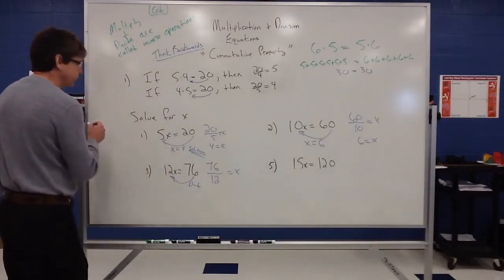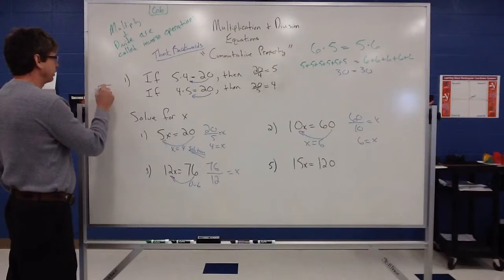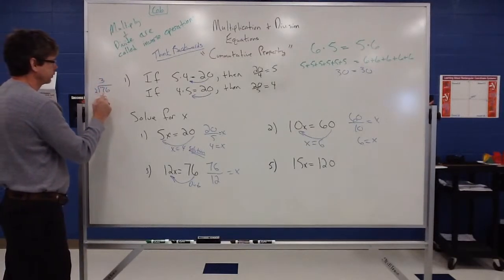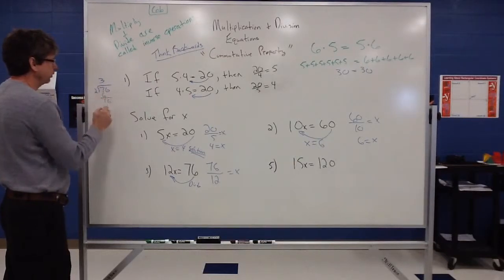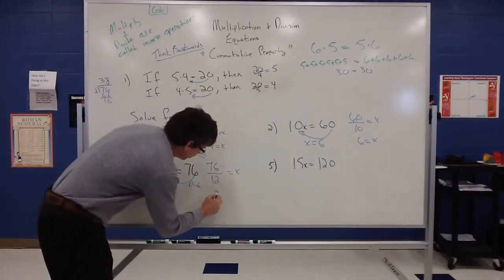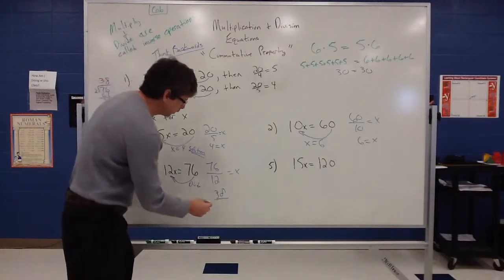So half of 76, so 2 into 76, that would be a 3. 1 comes down, slide the 6 down, 2 goes into 16 8 times, so that's going to be a 38. So that's going to be 38 over, and 2 goes into 12 6 times.